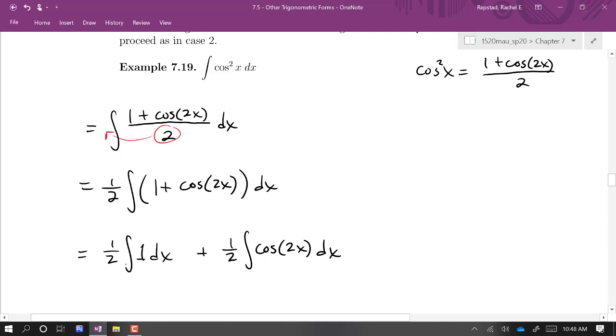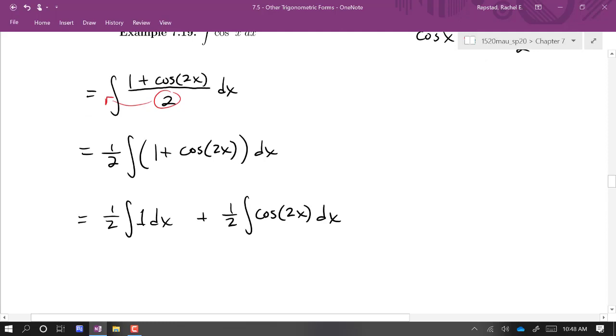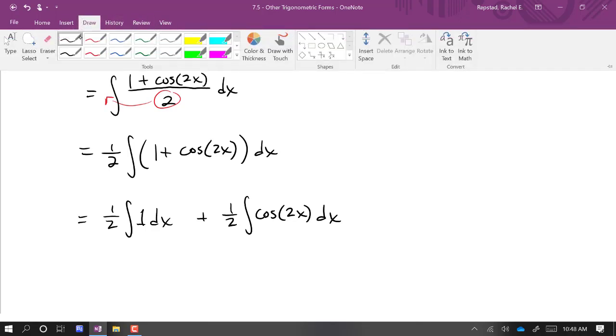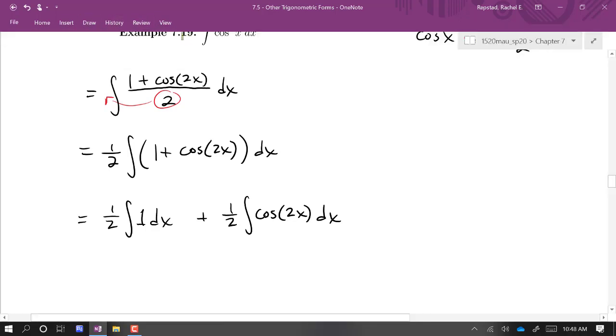The integral of 1 we know how to do. The whole point of splitting up an integral over addition is I can approach them individually. So I know how to integrate 1. And then the integral of cosine 2x, well, that's one of those basic trig forms. I've got cosine of an angle, and here, if you want to try this out before I say what I think, pause the video.